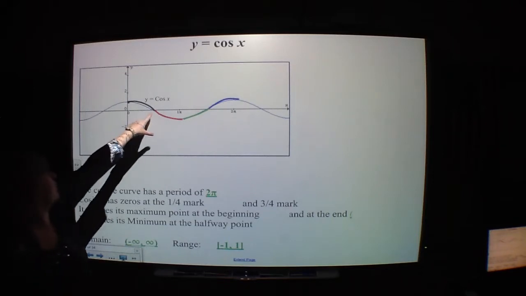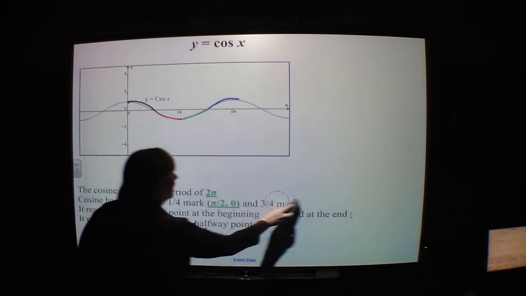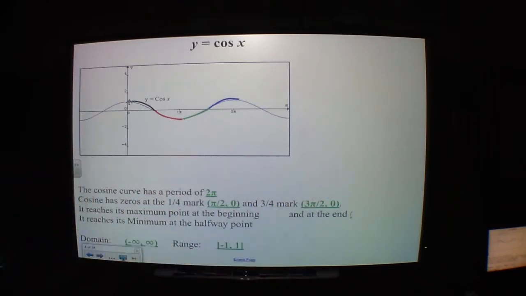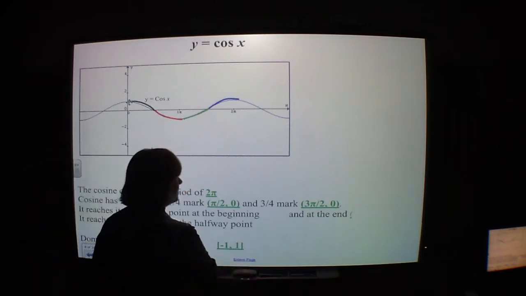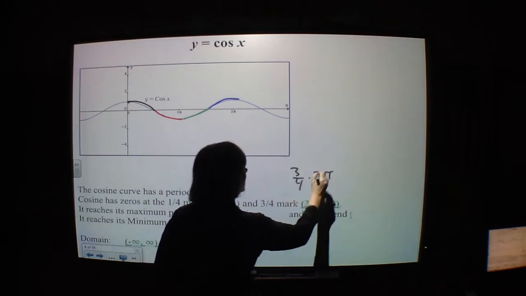The 0 marks are a fourth of the way through the period and 3/4 of the way through. And 1/4 of 2 pi, because 2 pi is a whole period, is pi over 2. So pi over 2, 0, there's a 0. And 3/4 of, remember what of means? 3/4 of a period.